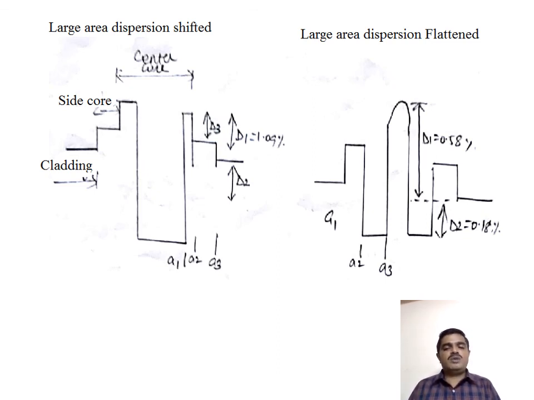By choosing appropriate values and appropriate refractive index difference value, we can easily achieve long distance transmission, large information capacity with minimum loss. Signal transfer quality also we can easily achieve.